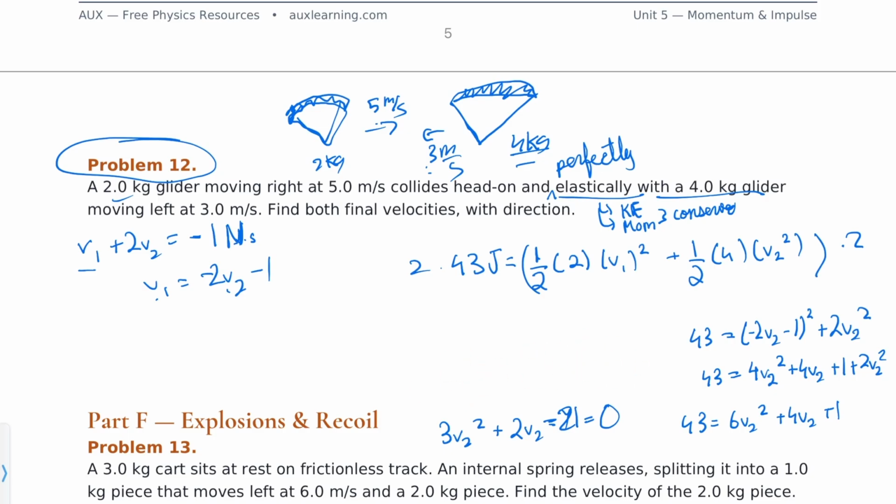So then we could just plug and chug, right? We can just use the quadratic equation here. Negative 2 plus or minus the square root of 2 squared minus 4 times 3 times negative 21, all over 6. So let's find out what that looks like.